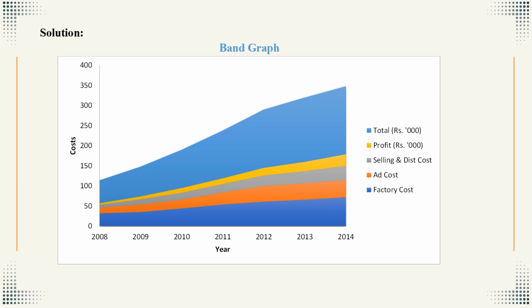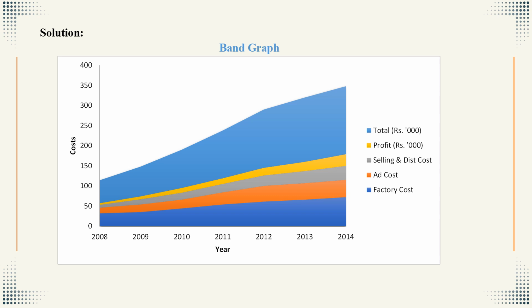Then advertisement cost is in a somewhat pink color, and that line should be on top of that pink. After marking the points and joining the line, put color from the top up to the green color. Then selling and distribution cost is to be drawn.